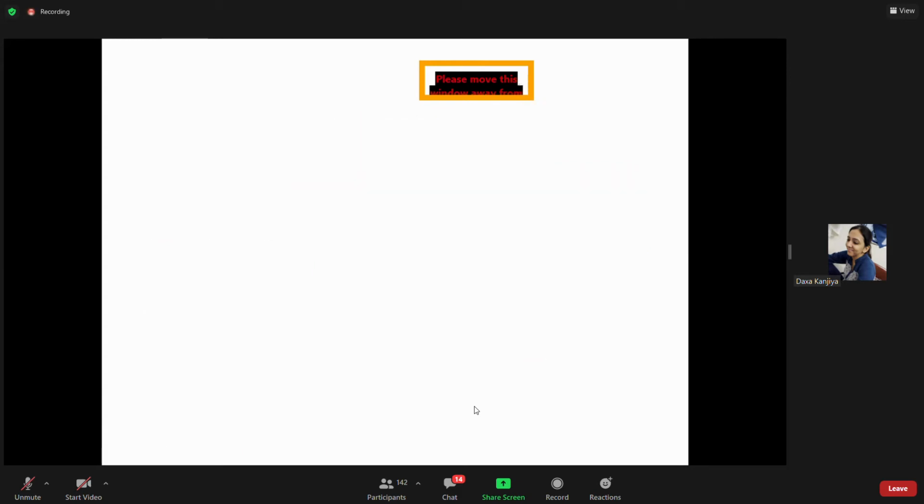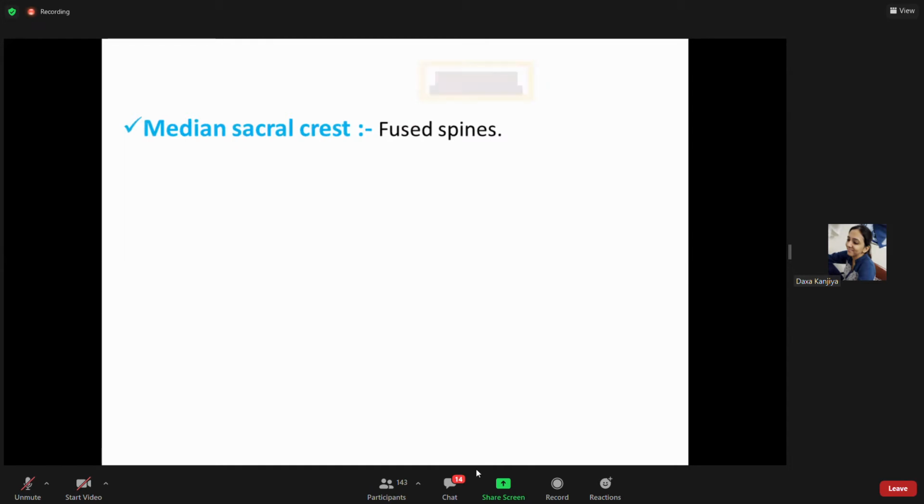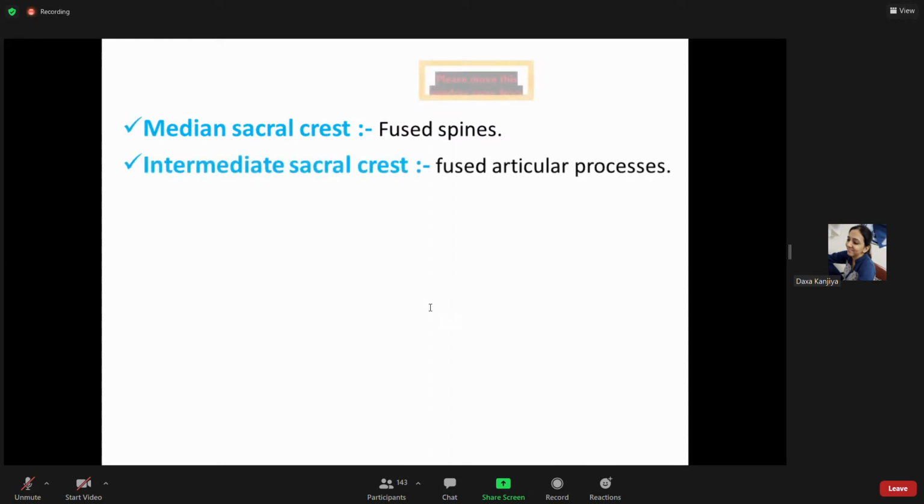So let me revise the features of the dorsal surface. What is it made up of? The median sacral crest is made up of the fusion of the spinous processes of the upper four sacral vertebrae. The intermediate sacral crest is formed by fusion of the articular processes of the sacrum, the superior and inferior articular processes.